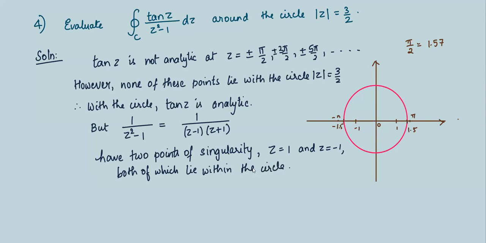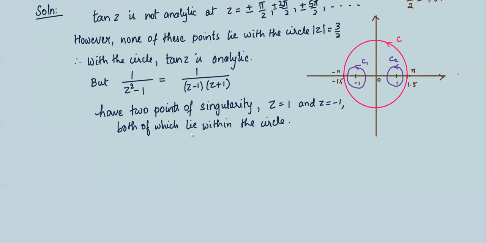So then what do we have to do? Take another path, any circular path. The answer will be the same. C1, C2. This path is C. So just like we did the previous problem.